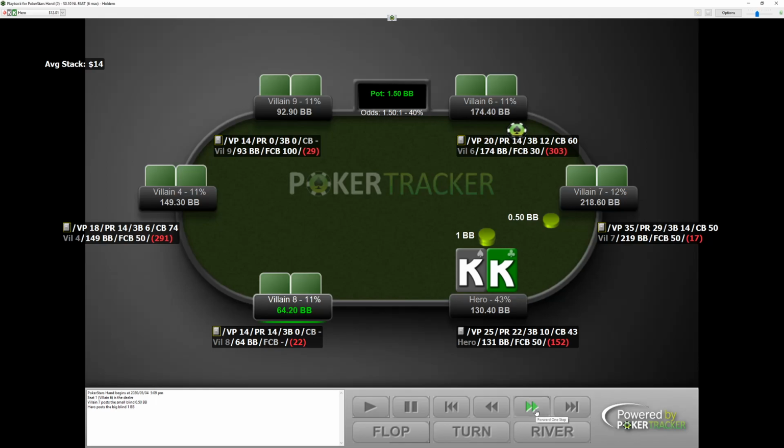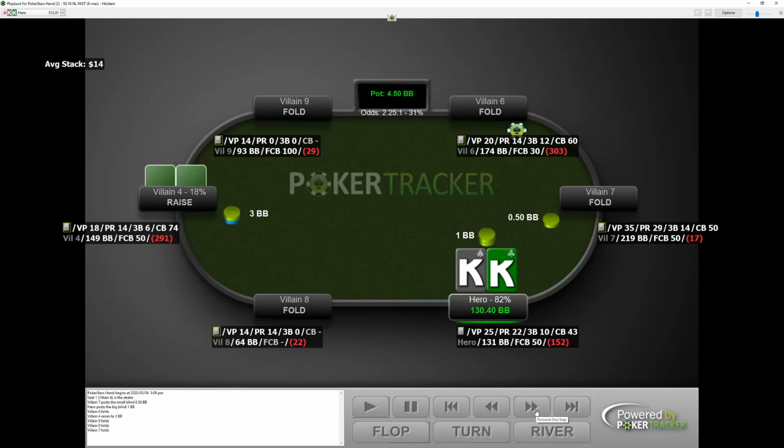So we are in the big blind with kings, and our opponent is in the hijack and makes it 3 big blinds. So already we're seeing 3 big blinds from our opponent. Now, that's not a sizing that we regularly will see.